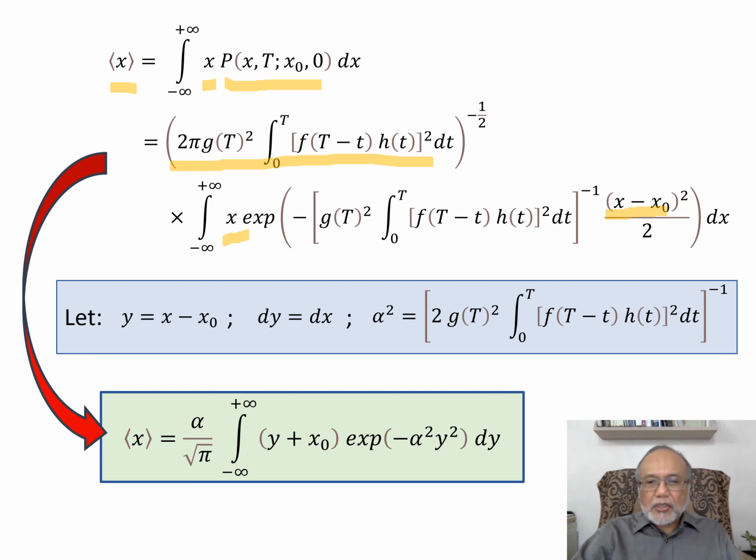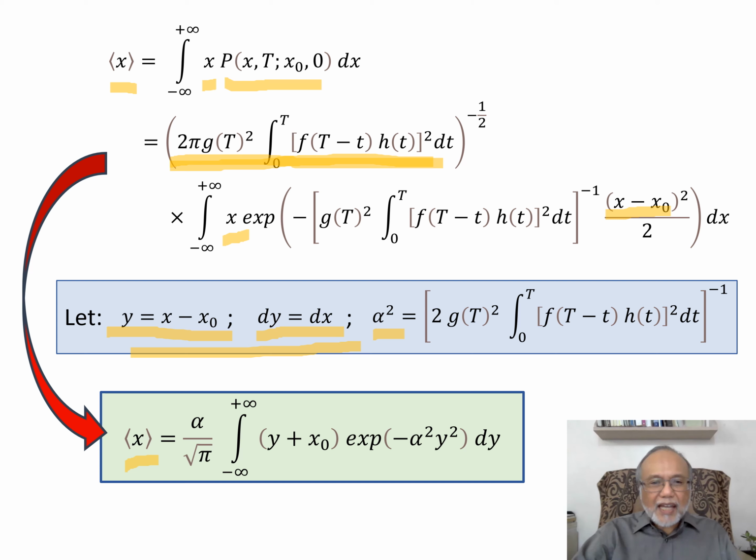This x minus x naught, I can call y, and so dy would just be dx. This big term here, which does not depend on x, we can call alpha squared. If you use this substitution on this big expression, our mean of x would simply look like this.